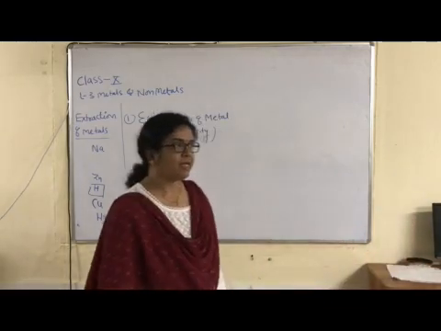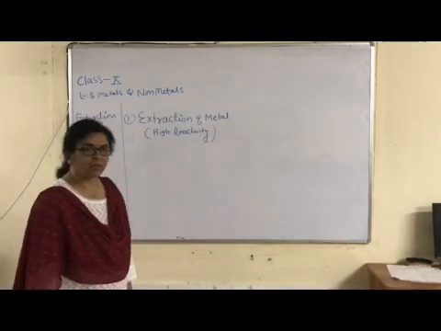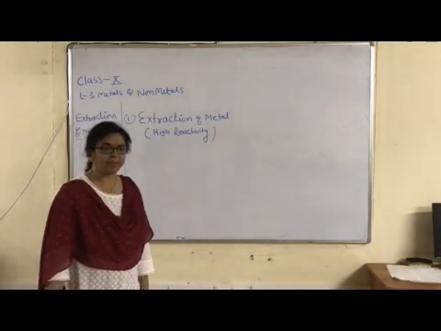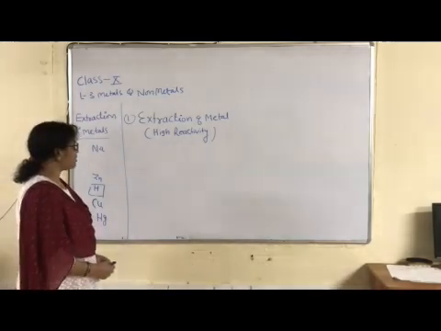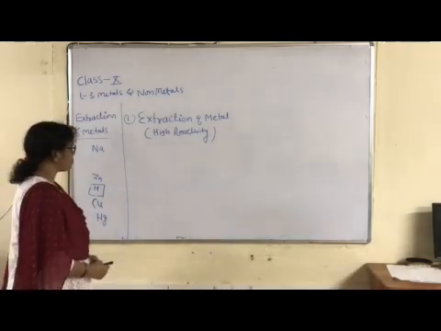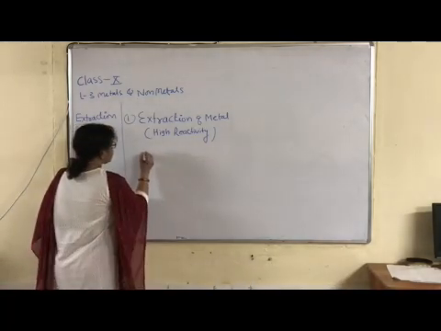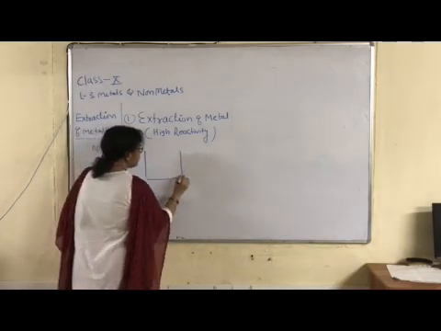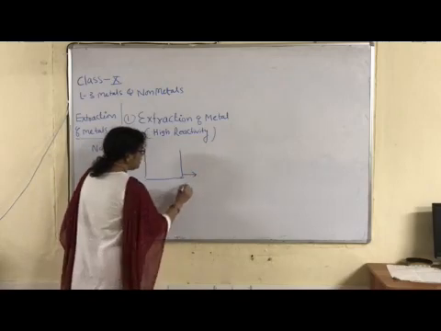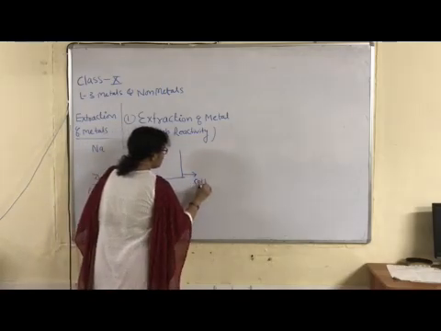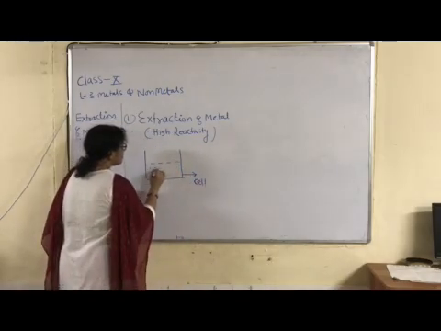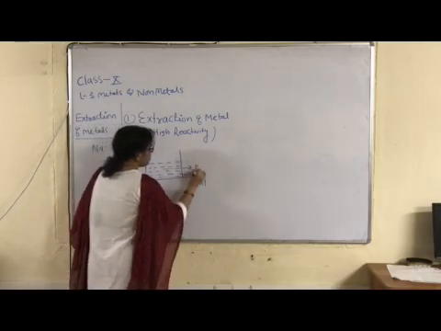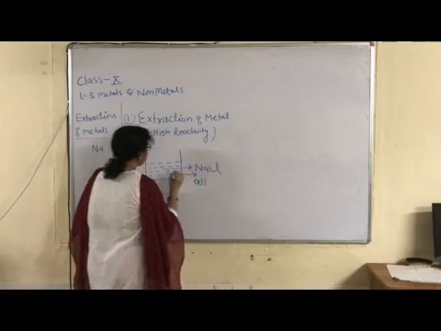It means when electricity is supplied through sodium chloride in molten state, two different products are obtained at two respective electrodes. This is an electrolytic cell. Molten sodium chloride is taken in it.